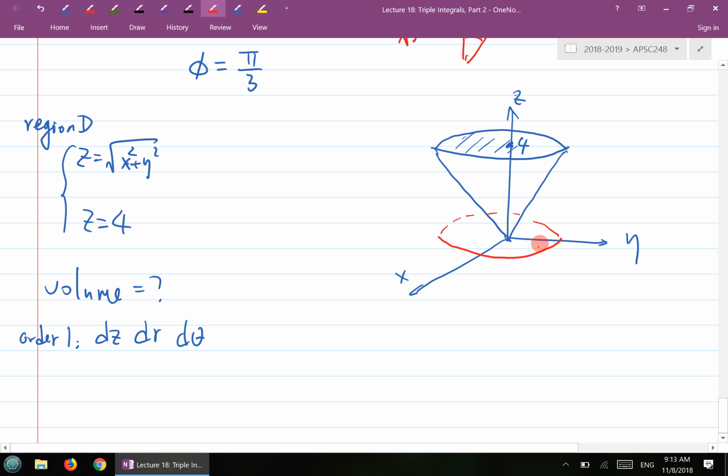So this shadow is basically a circle. If you project that, that's the circle on the top of the cone right here. What's the circle equation then?